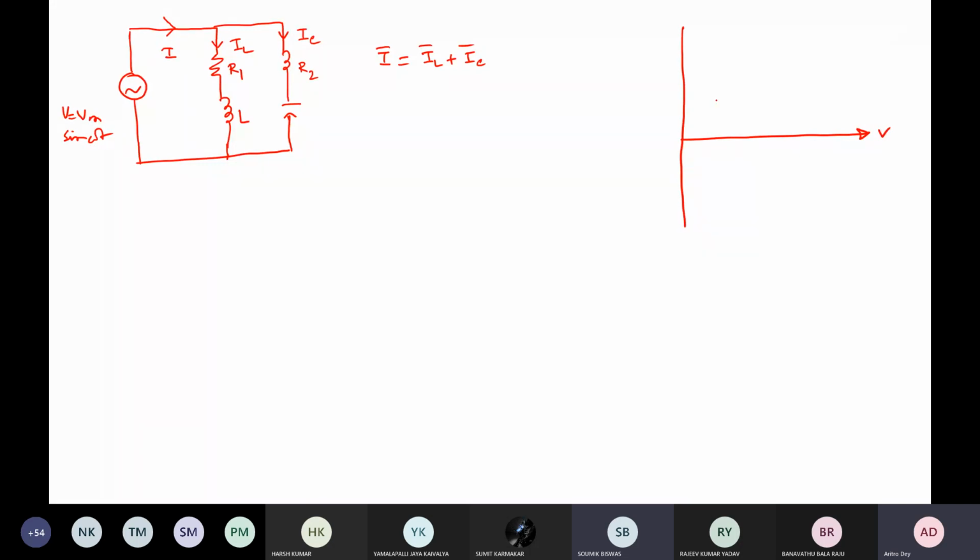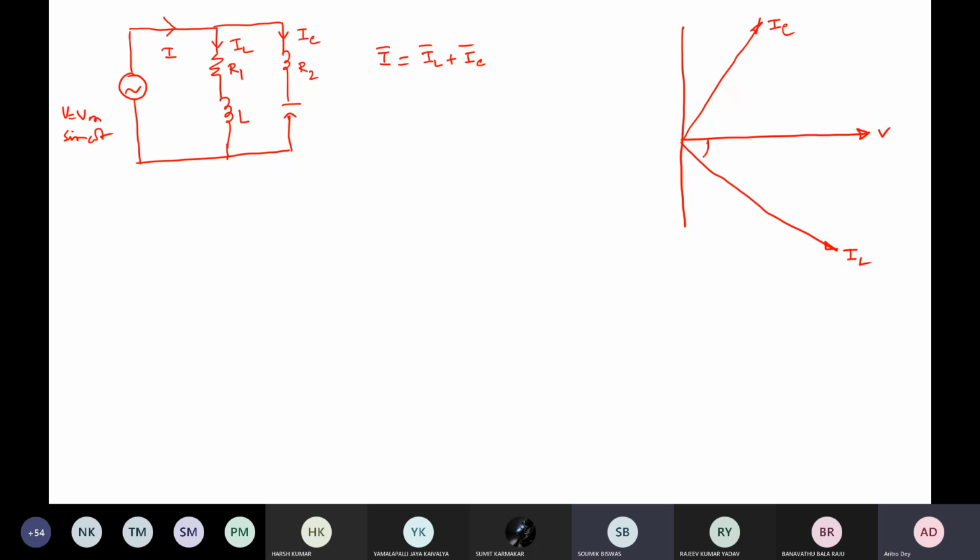So your capacitive current IC will be like this, your inductive current like this, IL. Okay. So we need to find out the current, which is the phasor sum, and that has to be in phase. So then what is the condition?